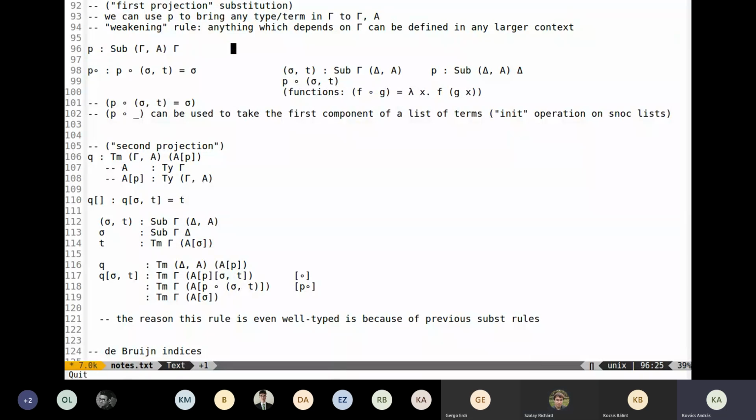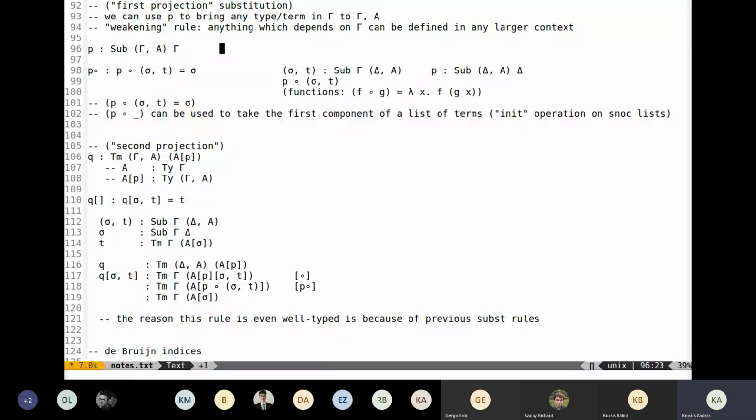But if sub is defined as something else, then P is not going to be a function in a model. And the syntax is one particular model which we just assume to exist.